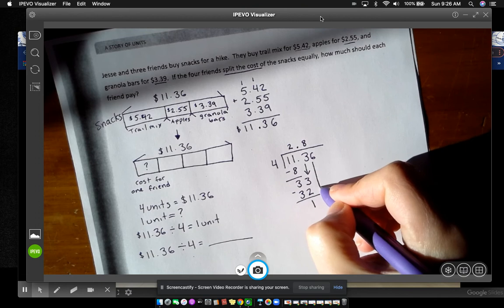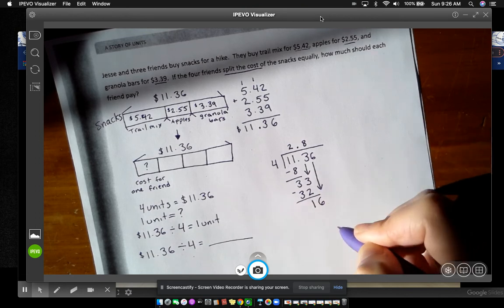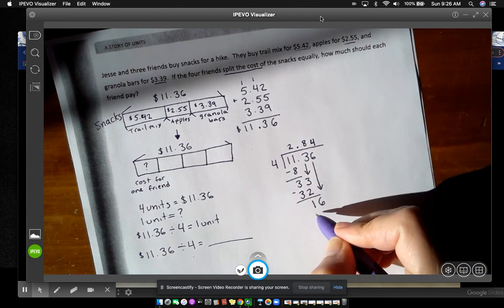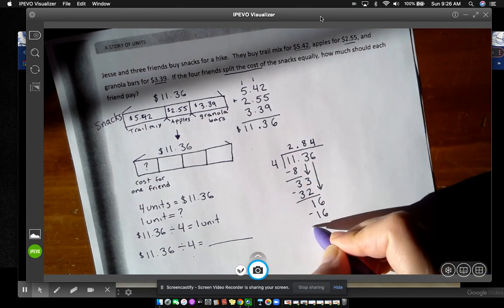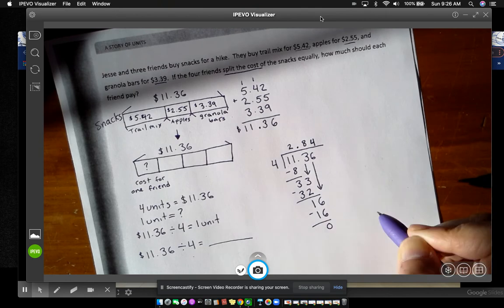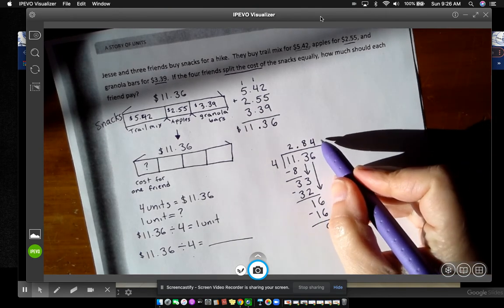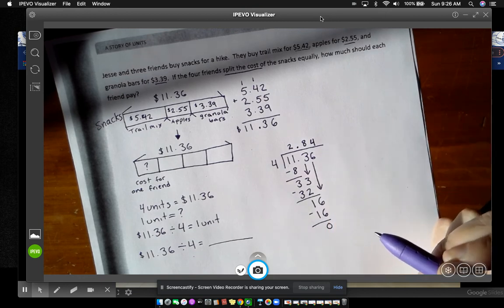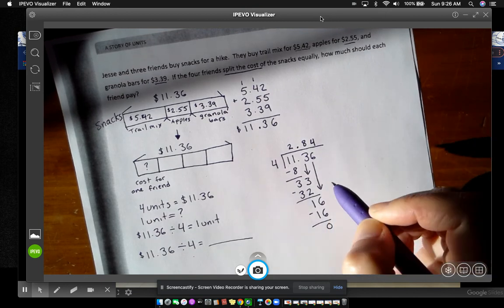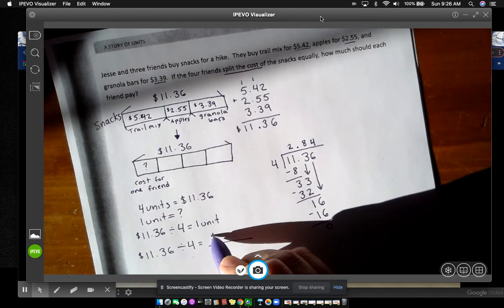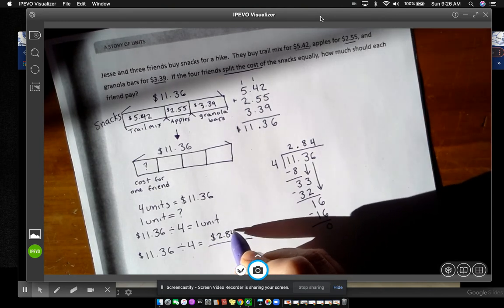I'm going to bring down the 6. And 4 times 4 is 16, so I'm going to use up all of these. I'm going to have 0 left over, which is good because I have no more places, and we don't have money that goes into the thousands place value. So my total per 1 unit is $2.84.